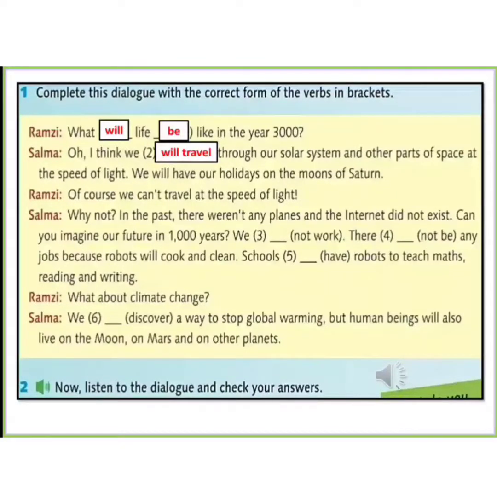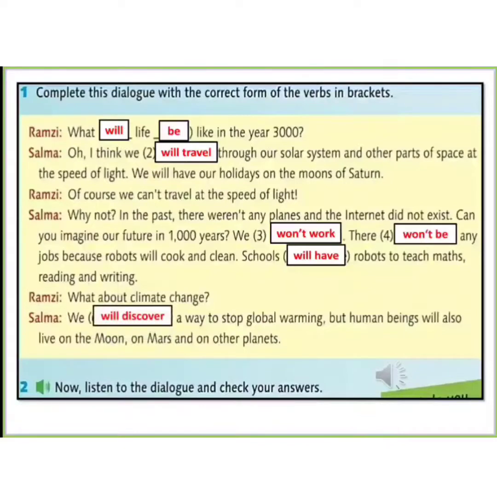Can you imagine our future in 1000 years? We won't work. There won't be any jobs because robots will cook and clean. Schools will have robots to teach maths, reading and writing. What about climate change? We will discover a way to stop global warming, but human beings will also live on the moon, on Mars, and on other planets.